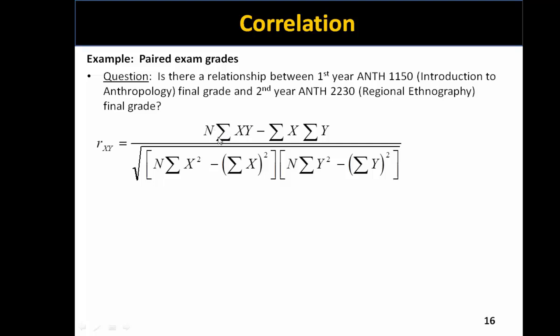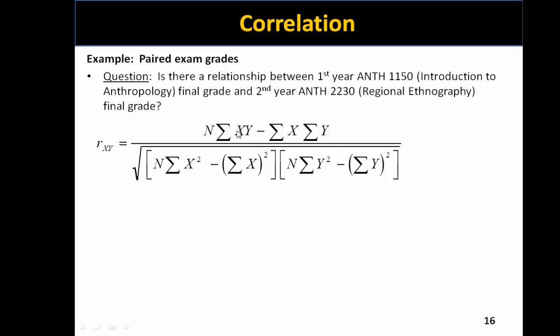The summation of xy was the number calculated on the far lower right-hand cell in our table on slide 15. So we performed all of the xy calculations for each score, added them up, and it gave us a summation of xy.